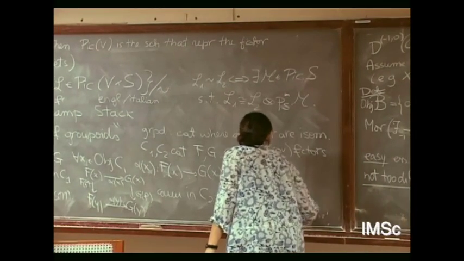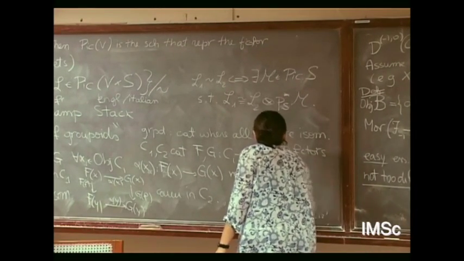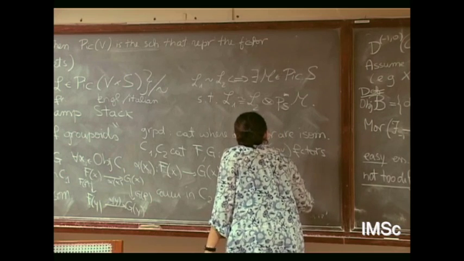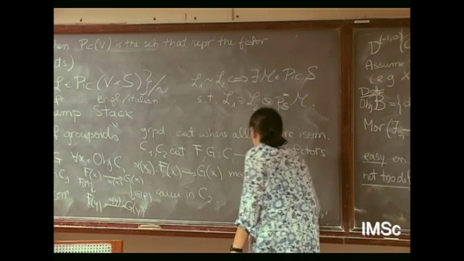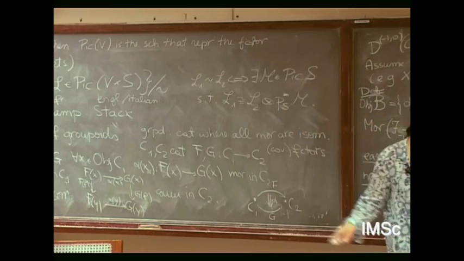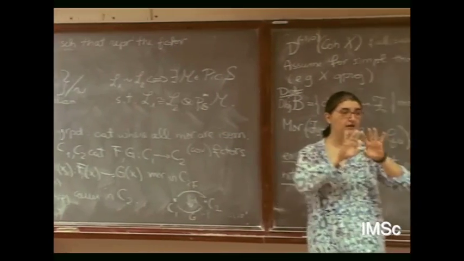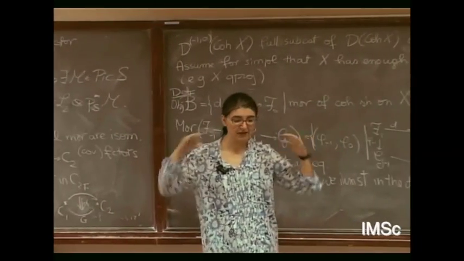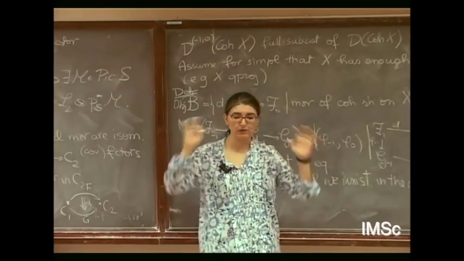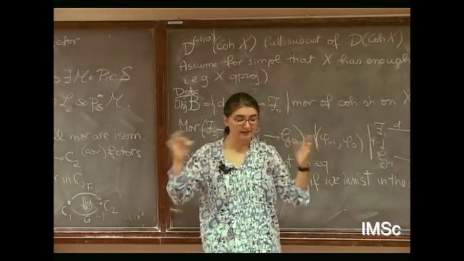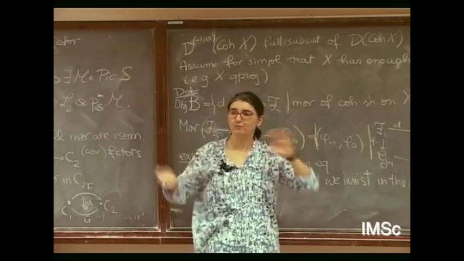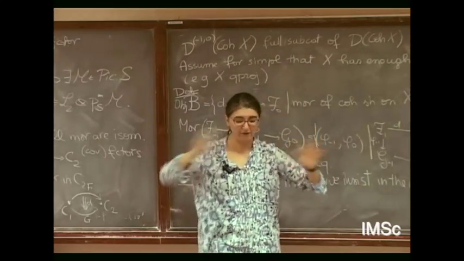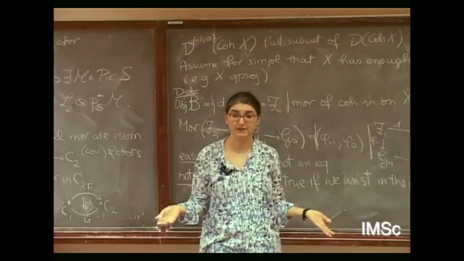So you have C1, C2, F, G, and alpha. So commutative diagrams in a 2-category are surfaces. And a 2-commutative diagram will typically be the surface of a solid, and you have commutative diagrams or 2-arrows on all the faces, and you have a compatibility.